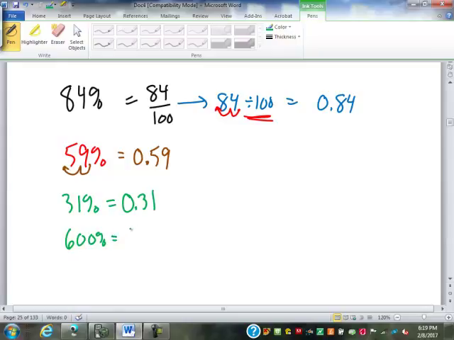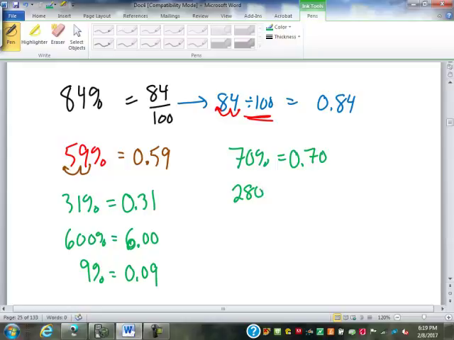600% as a decimal. 6.0, 6.00, however you want to write it. Or just 6 would be fine. How about 9% as a decimal? 0.09. 70% as a decimal. 0.70 or just 0.7 if you wanted to. 280%? 2.8 or 2.80.